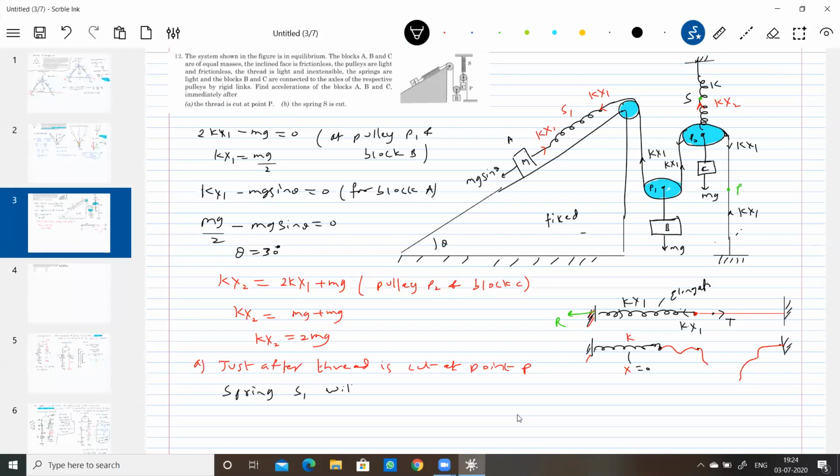The spring force in spring S1 will vanish. Vanish in the sense that it attains natural length.